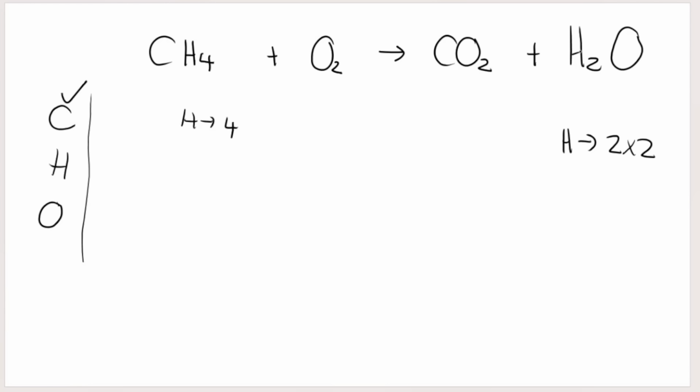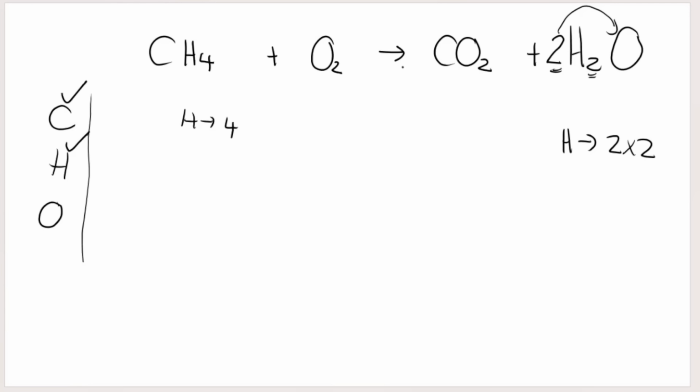Because we need to multiply the hydrogens by 2, I'm going to put a big 2 in front of H2O. Now, because I've multiplied the H2 by 2, I now have 4 hydrogens. See, 2 times 2 is 4. However, I also now have 2 oxygens over here, plus these 2 over here. So we've done the hydrogens, they're now balanced. I've got 4 hydrogens here, 4 hydrogens here.